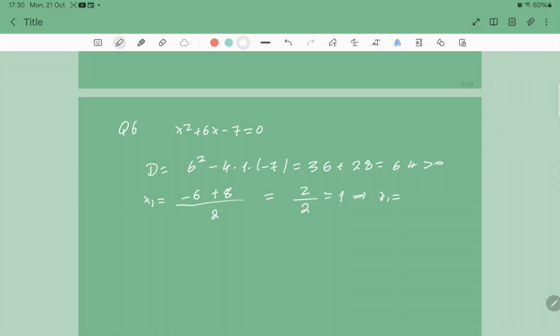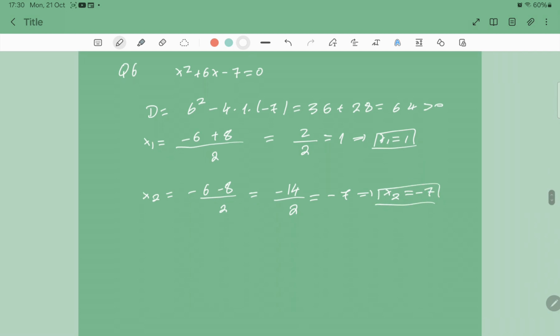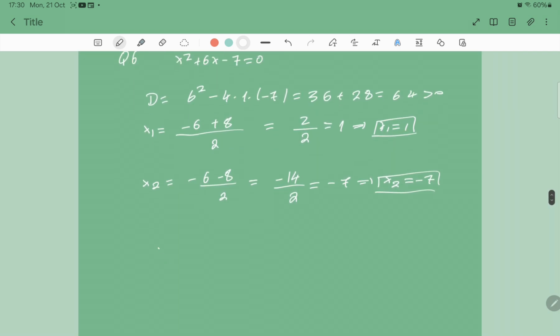So my x1 is equal to 1. x2 equals minus 6 minus 8 divided by 2, minus 14 over 2, which is minus 7. So I can write x squared plus 6x minus 7. I can put that back into brackets. 1 times x minus 1 times x plus 7.